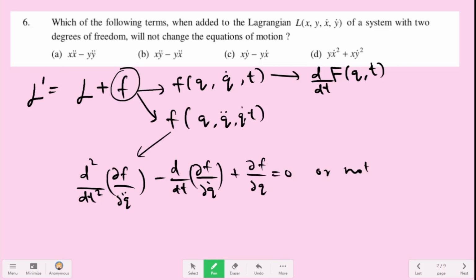If it is equal to 0, this implies equation of motion does not change, otherwise equation of motion will change.